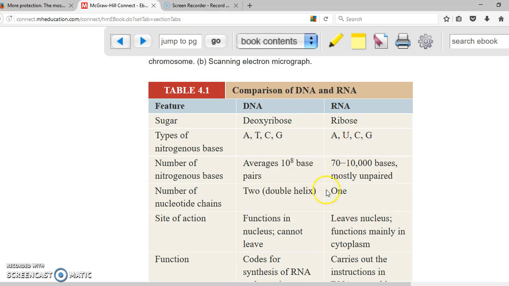You can see the other different characteristics in here, but the ones I would like you to understand for this class are these two, and also this one, which is how many strands you have. DNA is always 2, as I showed you before, two strands that are going to twist. RNA is just 1 strand. The RNA is created from the DNA.